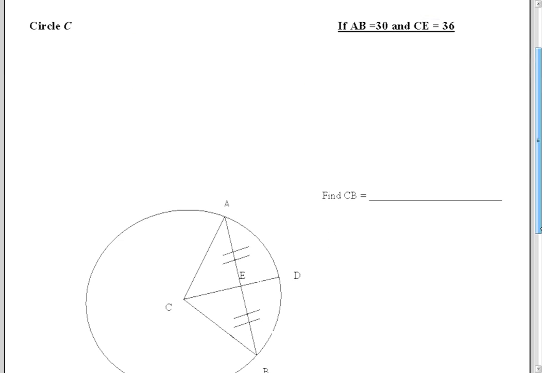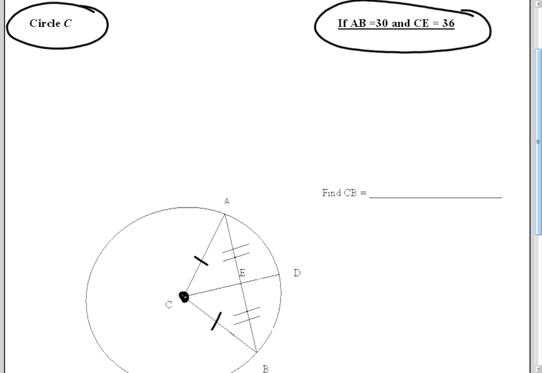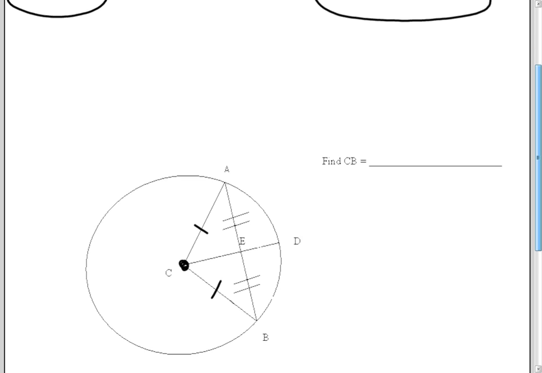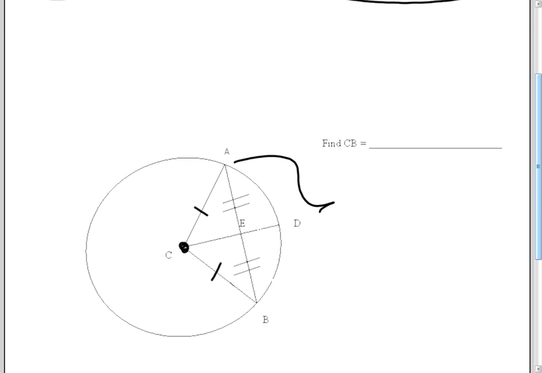Another circle, another name. That tells me that this is the center. That tells me I got radii here. I've got some given information. It's not degrees, it's distances again. So 30 and 36. From here to here is 30.